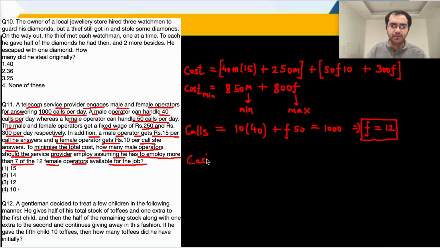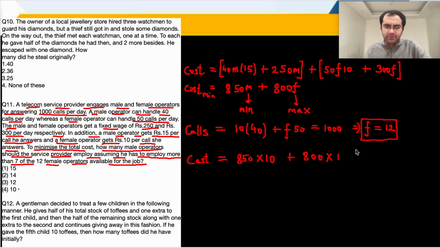Let's go for the cost. 850, males you have taken as 10, plus 800, females you have taken as 12. Well, we don't need to calculate this actually.